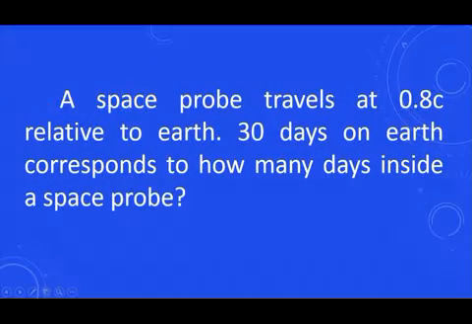For the application, the problem says that a space probe travels at 0.8 of the speed of light relative to Earth. 30 days on Earth correspond to how many days inside the space probe?